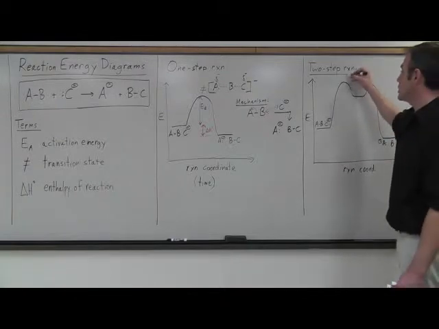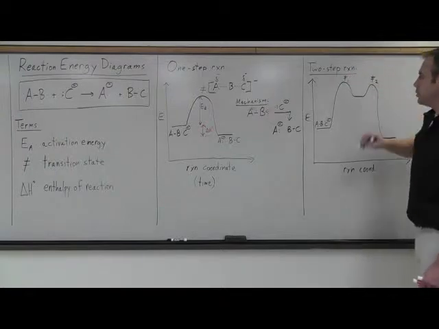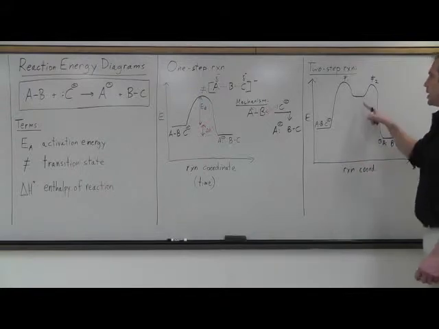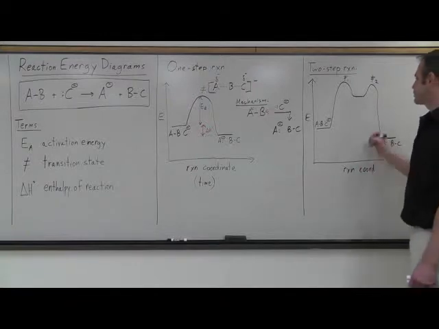Well, this will be transition state 1, and this will be transition state 2, progressing from reactants to products in a logical way. And then this here, which represents kind of a stable point, or the most stable point between the 2 transition states, will be our intermediate.